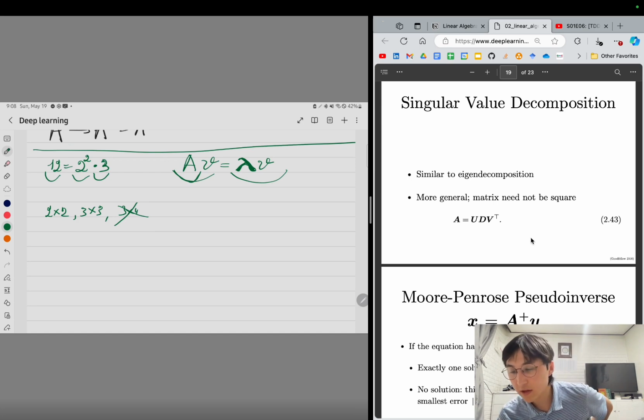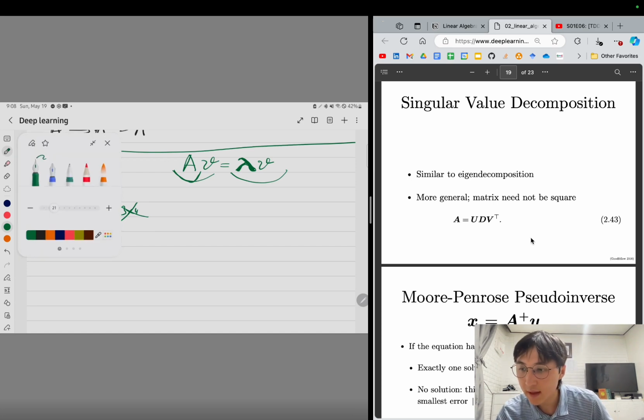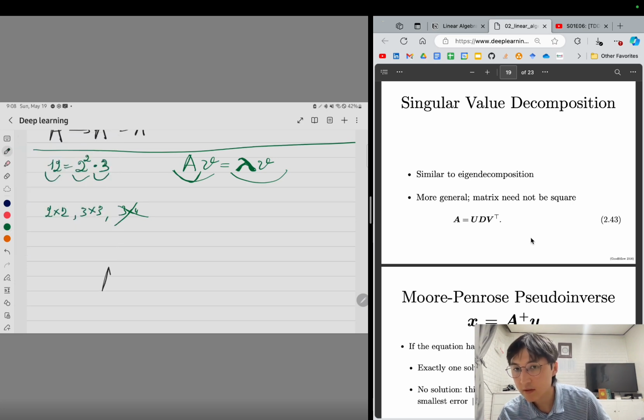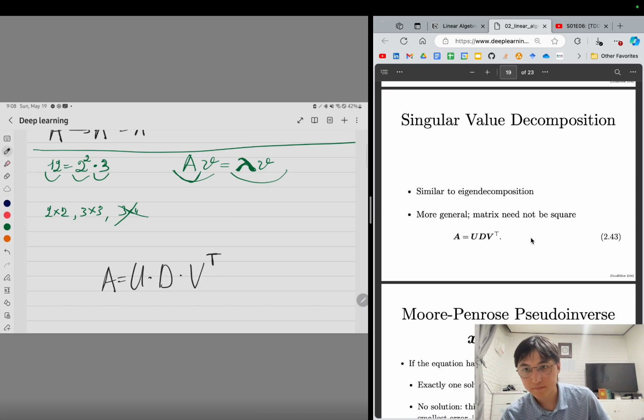Here we are decomposing the A matrix into these elements U, D, and V transpose. So what we take out from here is that singular value decomposition is used for non-square matrices. If the matrix is square, we can go for decomposition into eigenvalues.